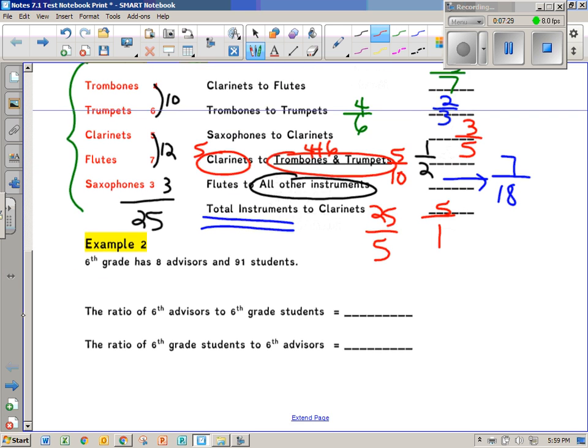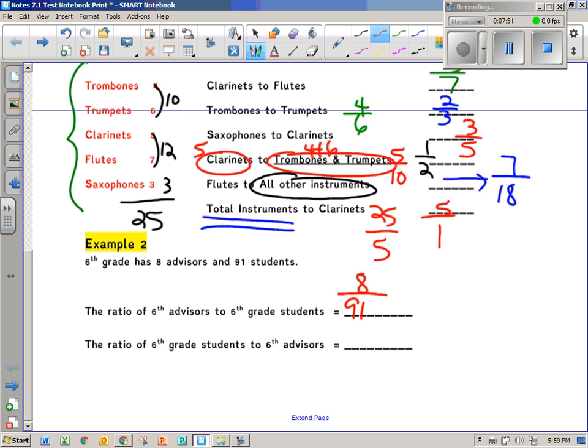And I got another example here. We're comparing 6th grade advisors to students. So the ratio of 6th grade advisors, which there's 8, to 6th grade students, I'm not sure I have the number right here, it's something close to that, is 8 compared to 91.